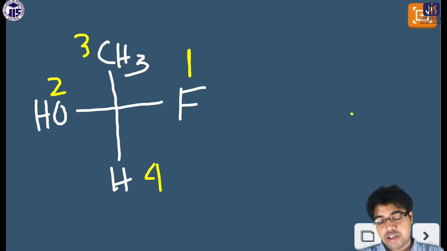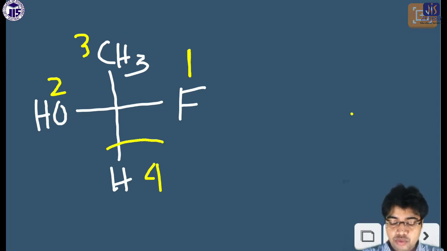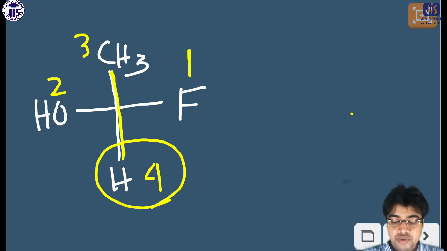Now with 1, 2, 3, 4, look, the 4 or D group is on the y-axis, isn't it? So if it is on the y-axis, then as I told you, clockwise direction is R, anti-clockwise direction is S. Now what is clockwise and what is anti-clockwise? Just leave the fourth group: 1, 2, 3.